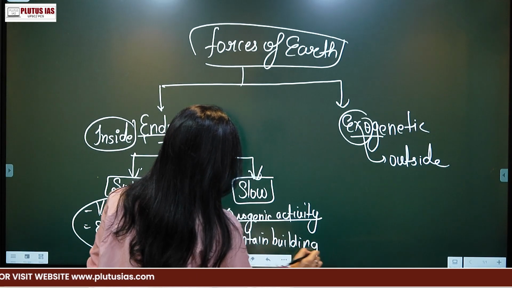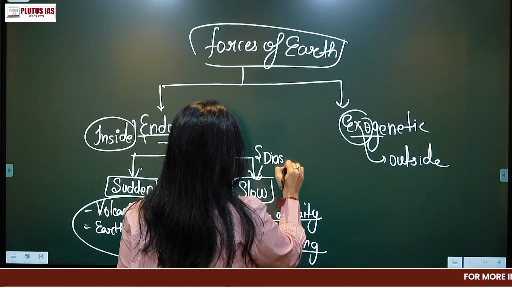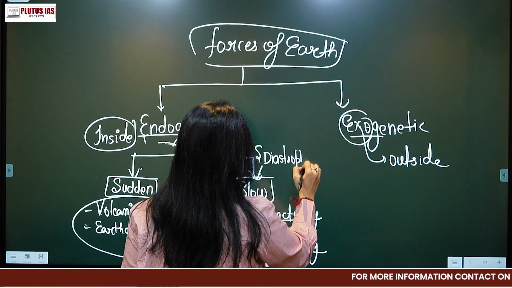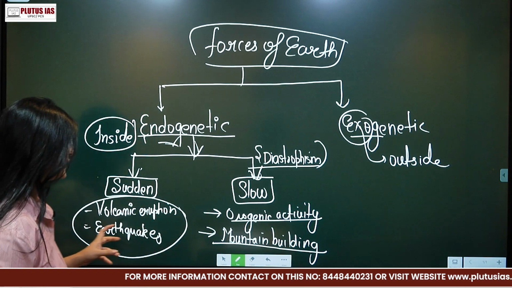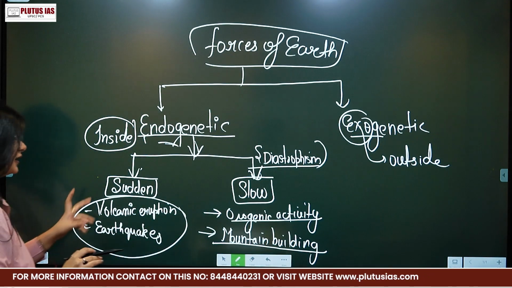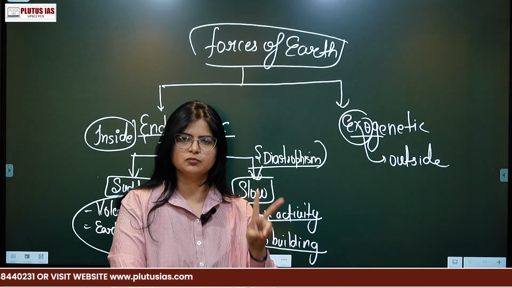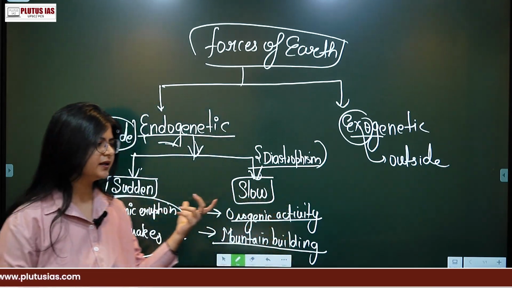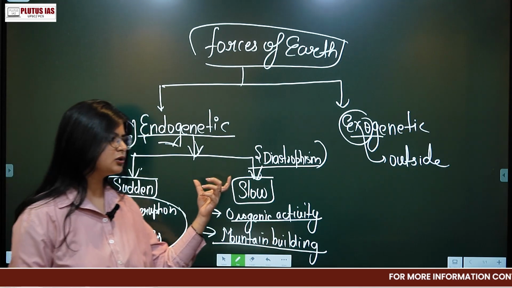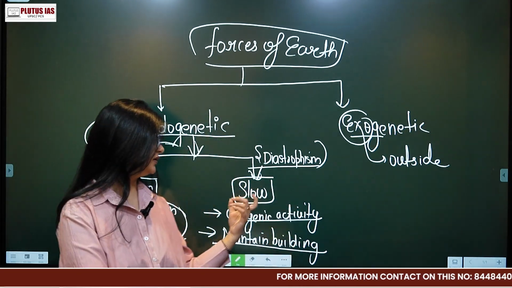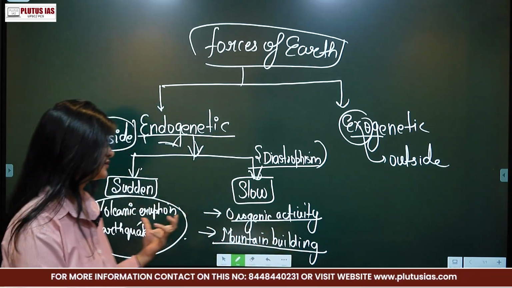Also we call this slow process diastrophism. So one needs to understand that endogenetic forces can be divided into two types. One is sudden, in which volcanic activity comes or earthquake can come. In the slow process, we defined orogenic activity, which is the mountain building process.